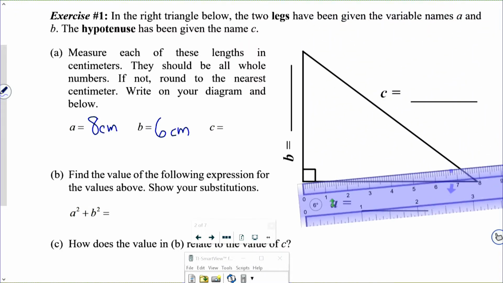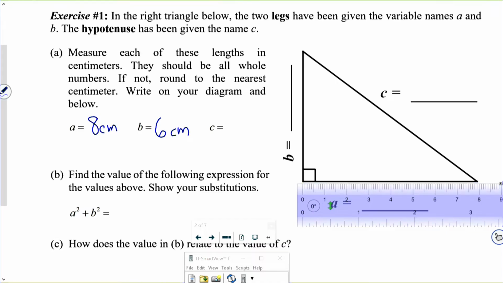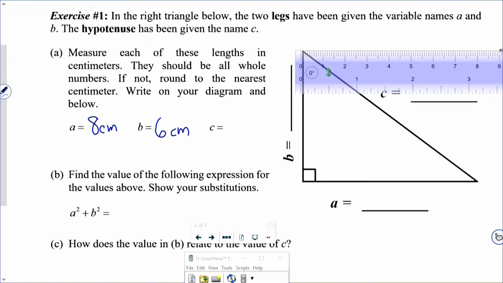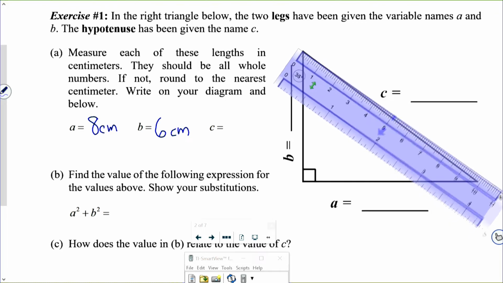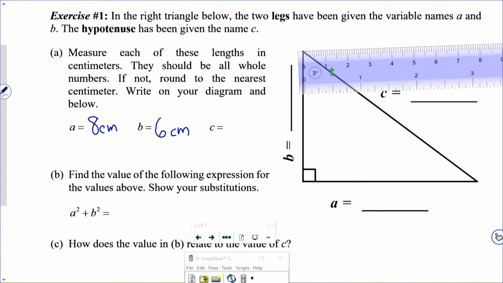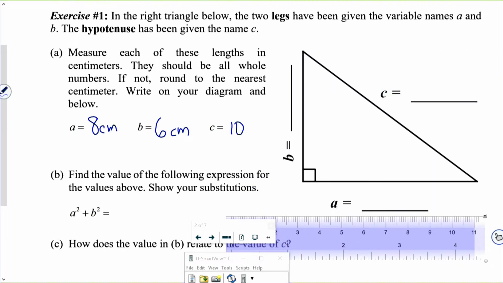And finally, if we can get our ruler to behave, and we take a look at side c, it's got a length of 10 centimeters. There we go. Let's get those all drawn on the diagram. We've got 8 centimeters, 6 centimeters and 10 centimeters.